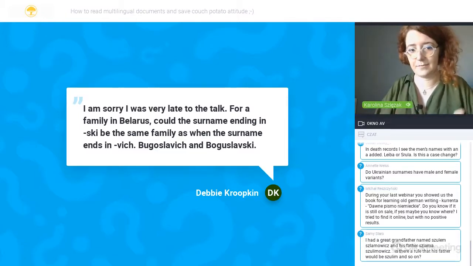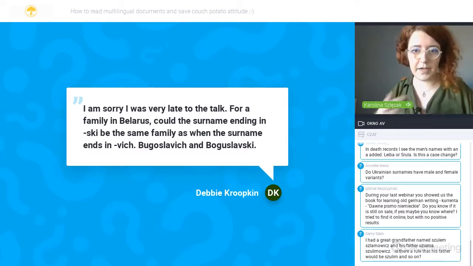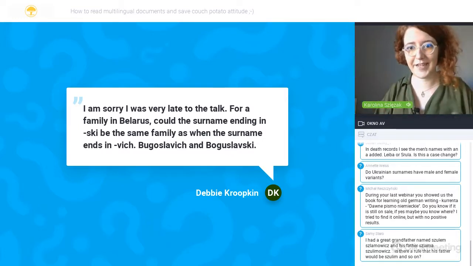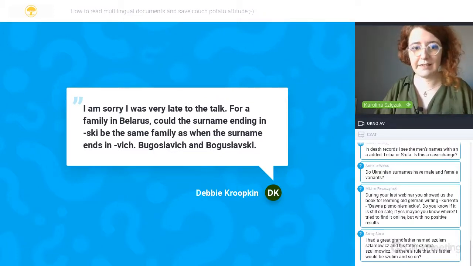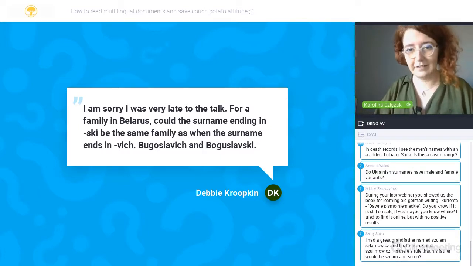Say, the change from, for example, Bogusławski to Bogusławicz. And sometimes it just goes back when the language of the surroundings goes back. So sometimes we can have Bogusławicz and then again Bogusławski, when Bogusławski was the first form.